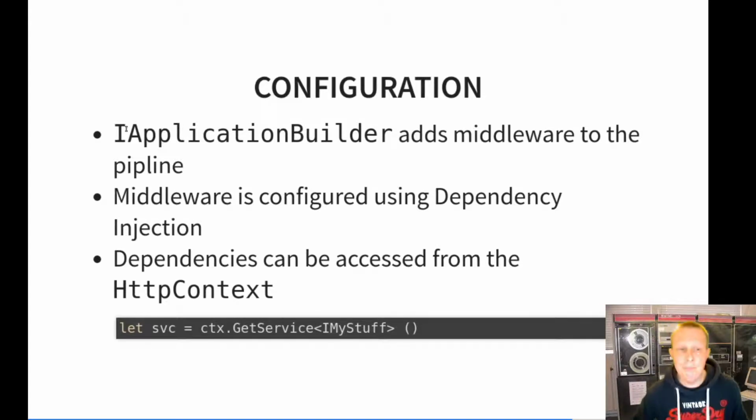So the way this works is that they have created an interface which is called IApplicationBuilder to build this middleware pipeline, and then using the builder pattern, you essentially add stuff to it, and these will get then stitched together internally by passing these continuations from one to the other.